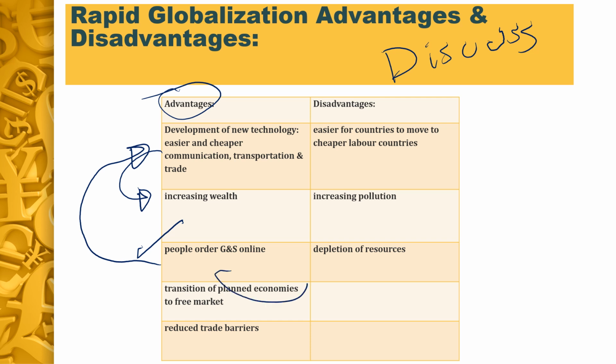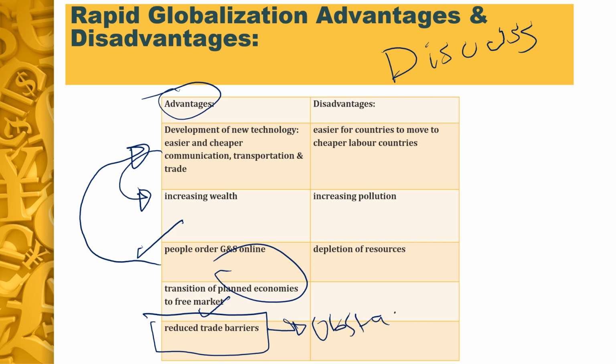Also, the planned economies, it became easier for them to transfer into a free market economy. Also, when I'm talking about globalization, you have to understand, and this is what we will be explaining later, there will be less trade barriers. So, no more obstacles. Okay?